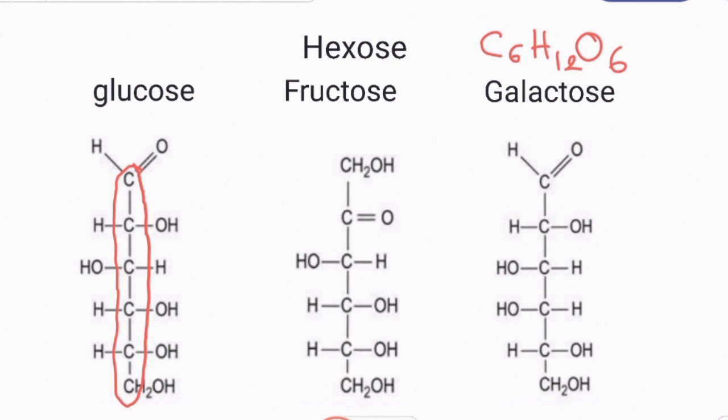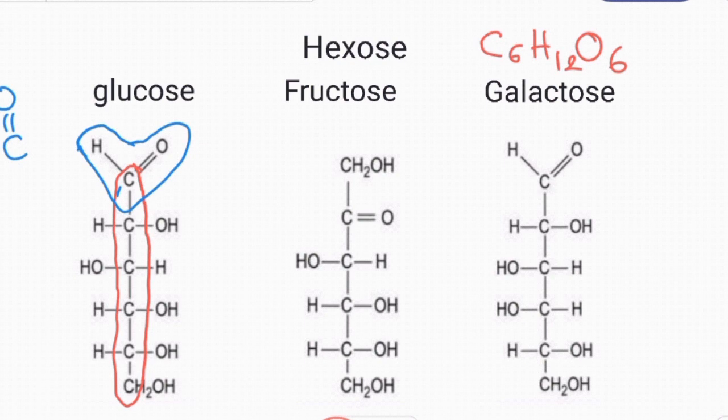And in all 3 of them, we can see there is another functional group, that is a C double bond O group called carbonyl group. If we take glucose, we can see that carbonyl group is present in the first carbon, so it forms a CHO group, that is called an aldehyde group.